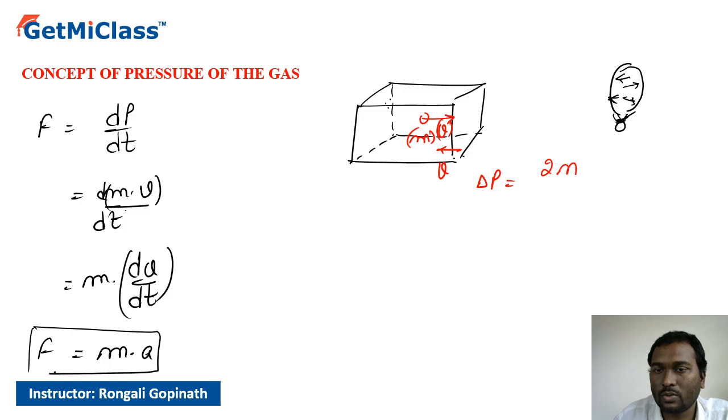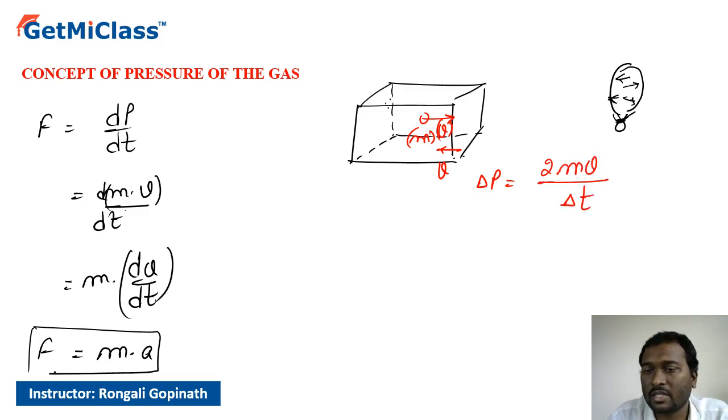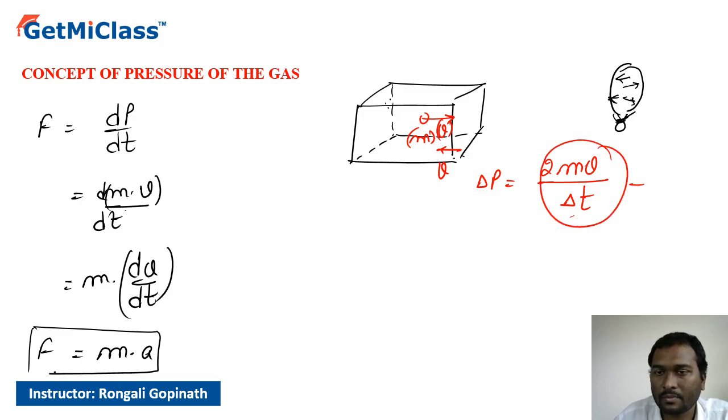It is 2mv, right? And let's say the collision time is delta t. So within this delta t time, the momentum of the molecule changed this much, 2mv. So obviously this becomes what? Force. So F is equal to 2mv by delta t.